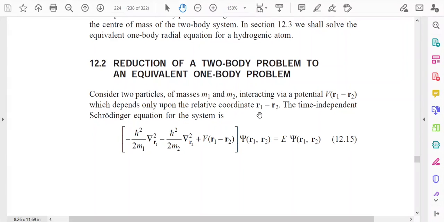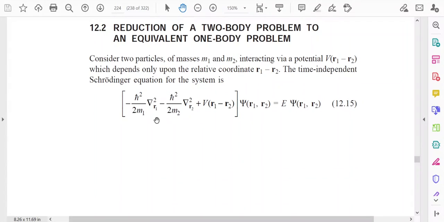r1 minus r2. In that case, the time independent Schrodinger equation for the system can be written in this fashion: minus h-bar squared by 2 m1 del r1 squared, this term is for the m1 particle. Similarly, minus h-bar squared by 2 m2 del r2 squared, that is for the second particle, plus V of r1 minus r2, as the potential depends on the relative coordinate, acting on psi of r1, r2. Why psi of r1, r2?